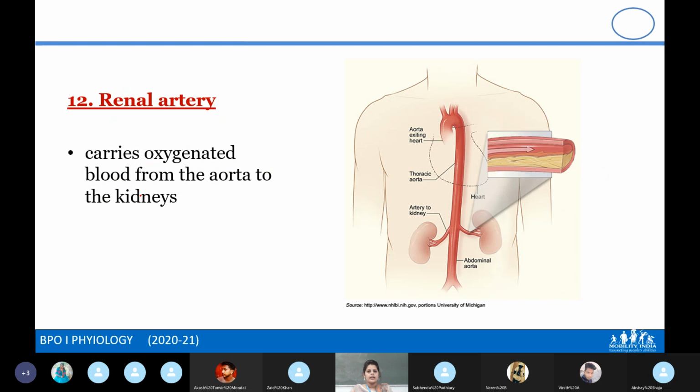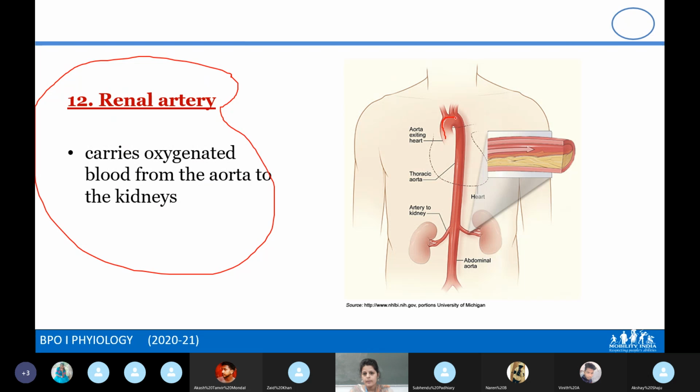Now the major blood vessels of the upper part are finished. Next we go to the abdomen, and then the lower extremity. Before going into this part, just see the diagram here.